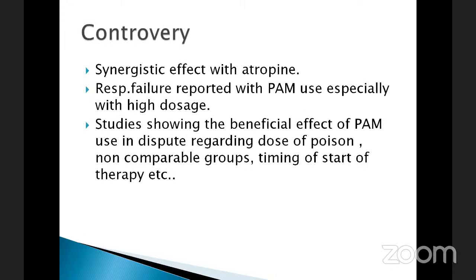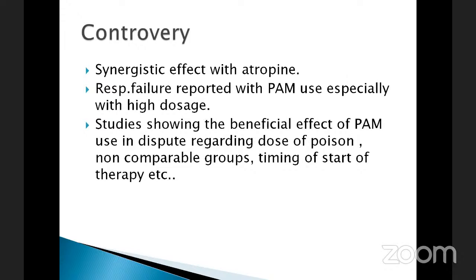For pralidoxime, there have been a lot of controversies for a long time, on a synergistic effect with atropine, and respiratory failure reported with PAM use, especially with a high dosage.